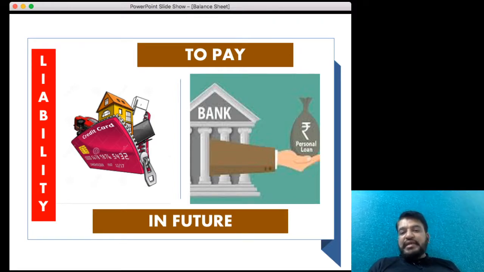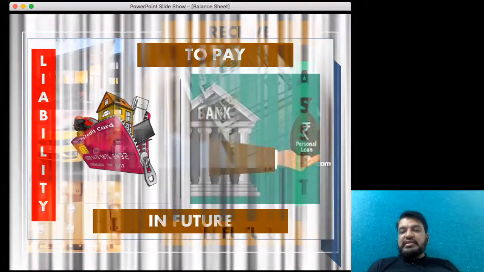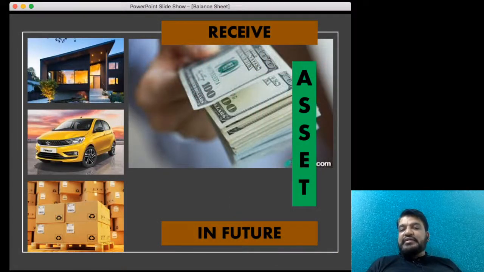And liability is your obligation or your duty to pay back, maybe immediately or maybe later, to others. That means money which you have taken or products you might have taken. Now, sundry creditors is also a liability. In this case, sundry debtor is an asset because they need to pay you back.